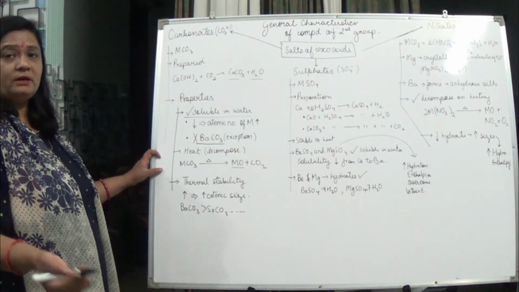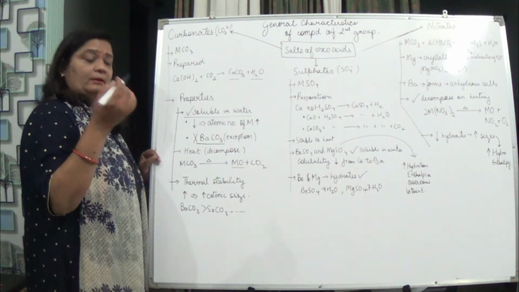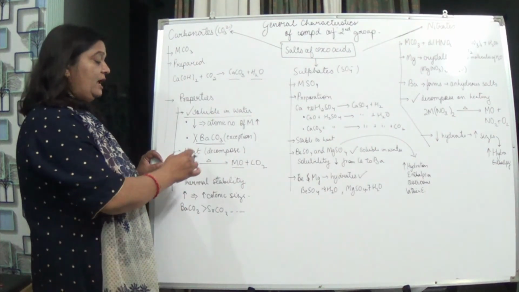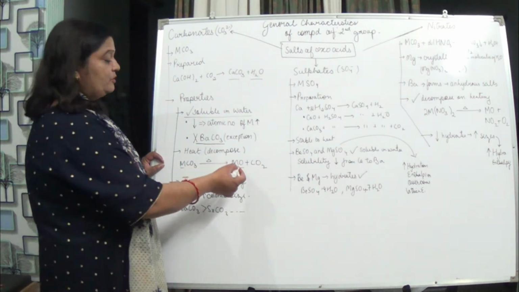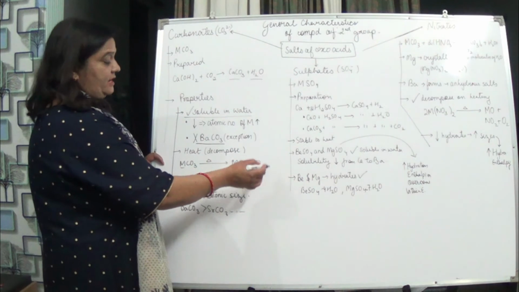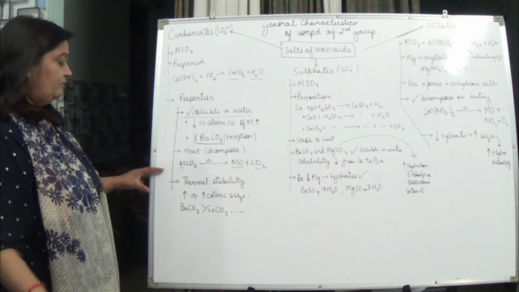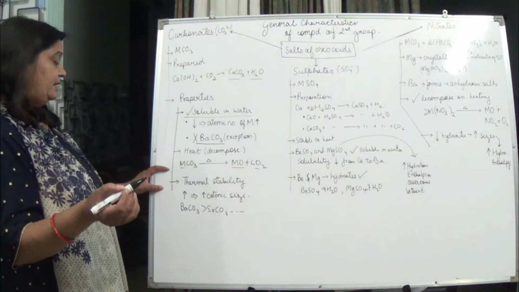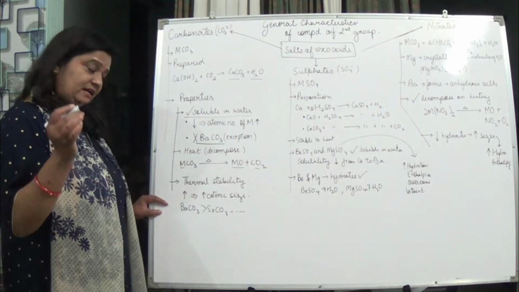The general formula is MCO3, M for the alkaline earth metal. When we heat it, it decomposes to the oxide, and carbon dioxide is released. Now, when we talk about thermal stability, beta, it goes on increasing with the increase of cationic size.